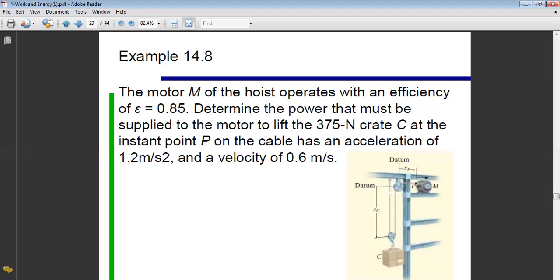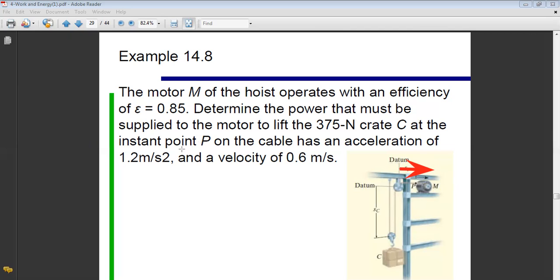We have the motor M driving the cable inward in order to lift the crate. Now they gave us the efficiency of the motor, and we want to determine the power supplied, the input, in order to accomplish this objective. First, what is given?